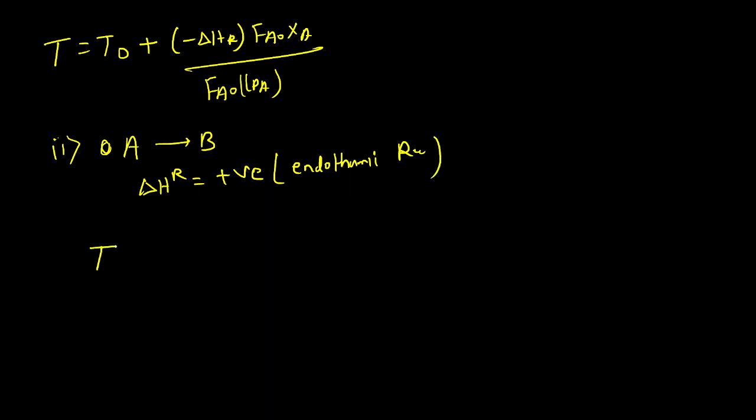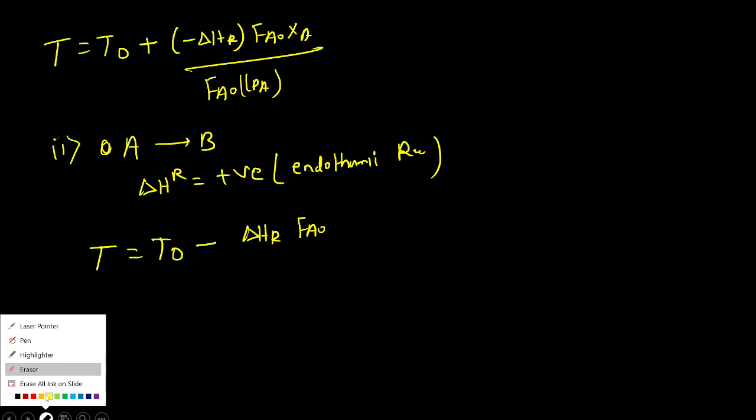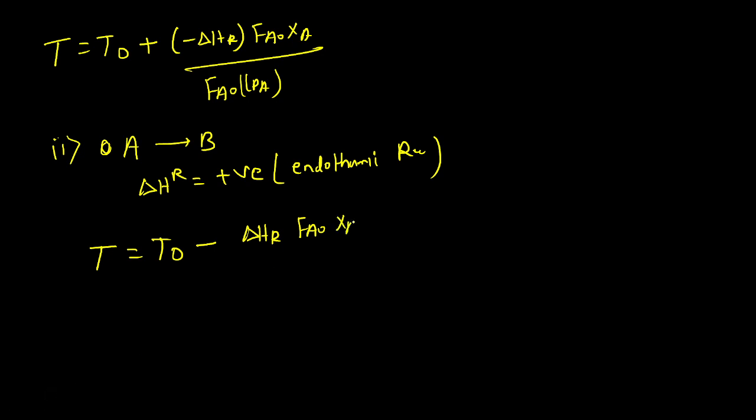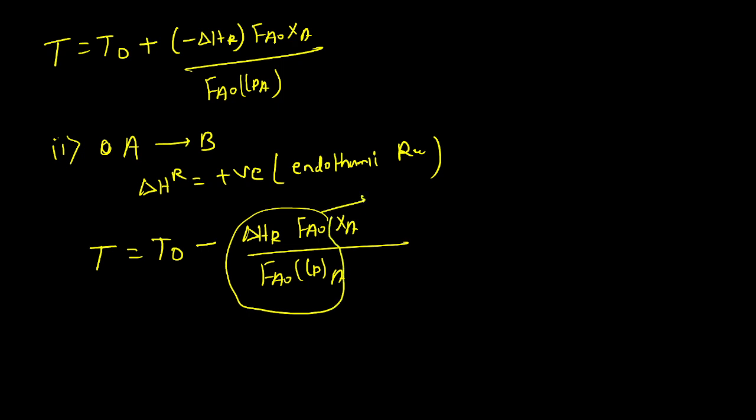So for an endothermic reaction, can I write T is equal to T naught minus delta H of R Fa naught XA upon Fa naught Cp of A, right? If I am assuming this is A, can I write T is equal to T naught minus A XA?